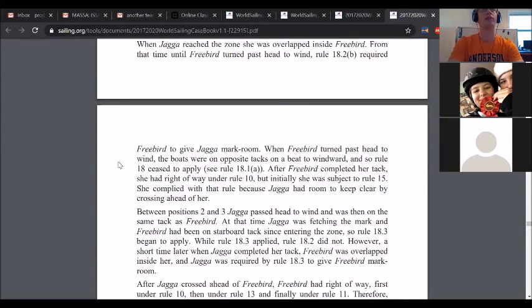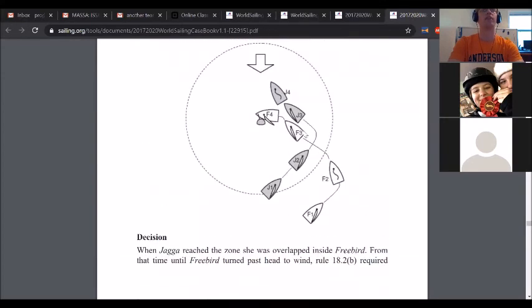If instead of being able to go overlapped like this, if Jaga had tacked like right here into where Freebird is in position 3, then Freebird obviously would have been coming into that spot. They would have had to head up and likely would have had to head above close haul. So that would again have resulted in Jaga breaking Rule 18.3 in another part of the rule.